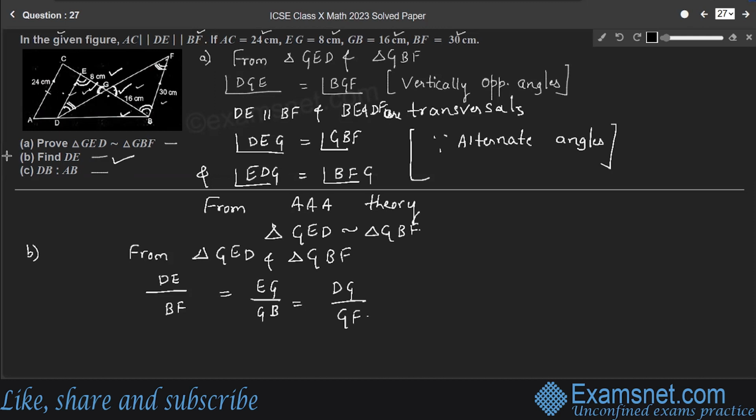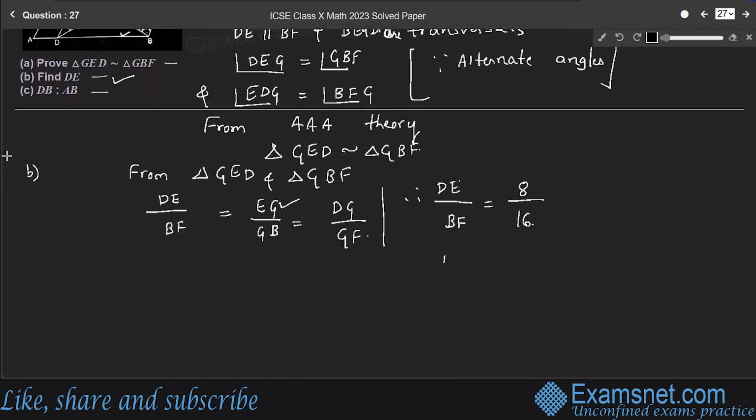Now consider DE, because we need to know the value of DE. DE by BF, BF is already given. DE by BF is equal to EG by GB. EG is 8 centimeter, BG is 16, BF is 30 centimeter, which is already given.